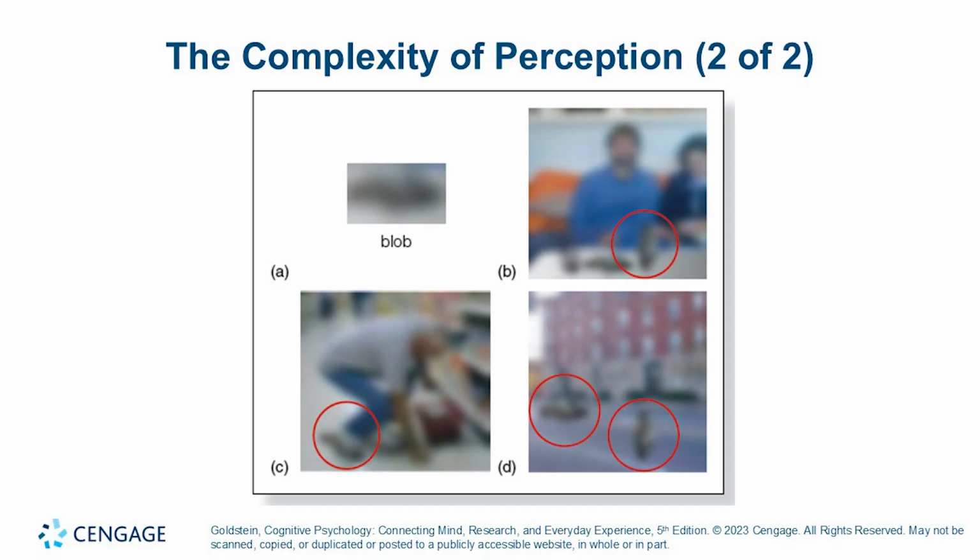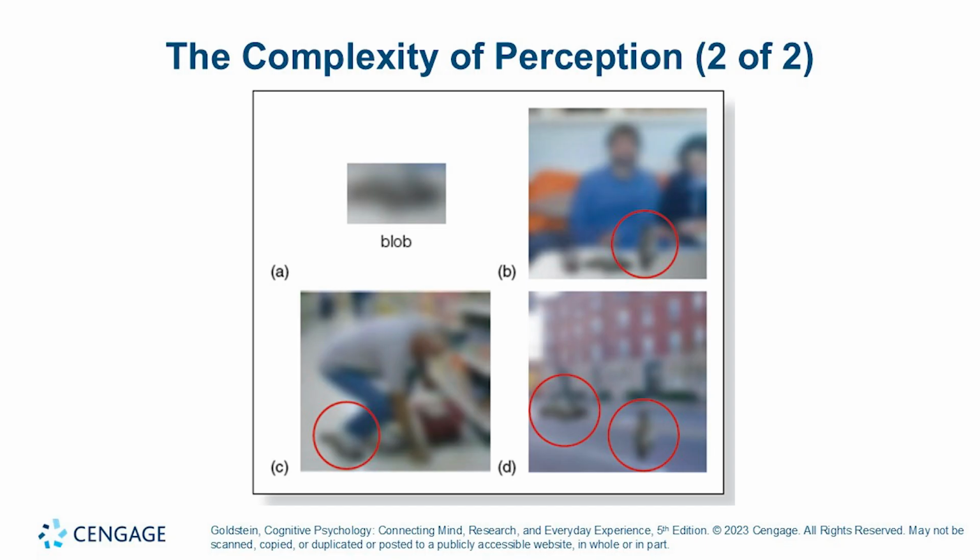So for example, in part B of the image, it's placed on something that resembles perhaps a coffee table or a dinner table. And in that context, if you're looking at it, you would probably interpret it as some kind of bottle or food container. However, if you place that exact bunch of pixels in a different image, like for example in C, you would probably interpret it as a part of that person's shoe.